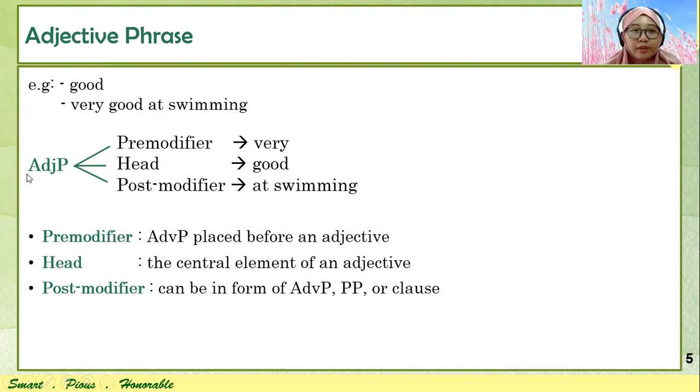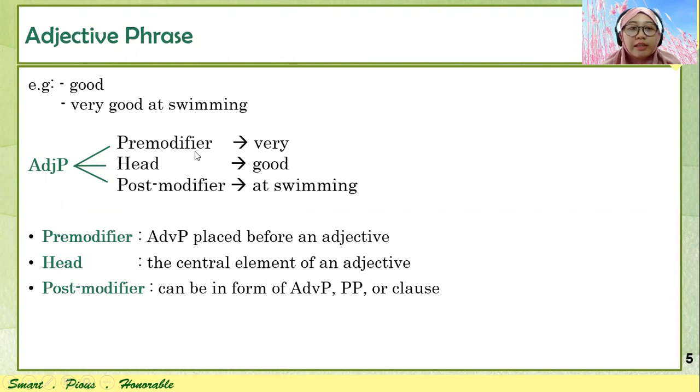So an adjective phrase can contain one or a premodifier. It doesn't have to be one actually. So a premodifier can be more than one. And then the next one is a head and a post modifier. But please remember that it doesn't have to contain all the three.